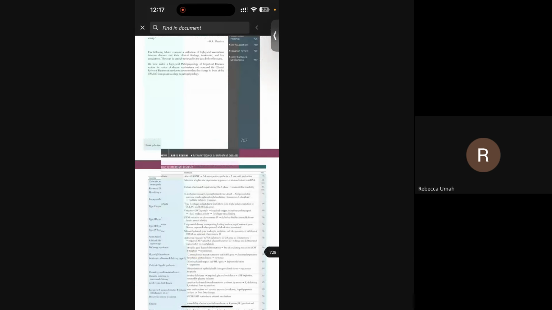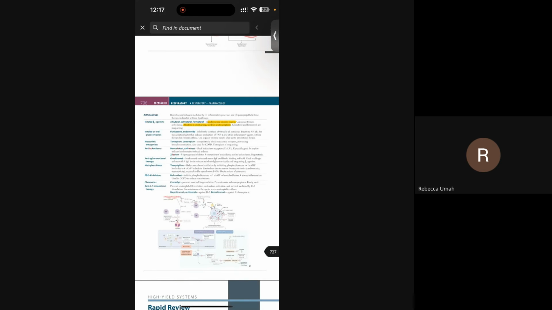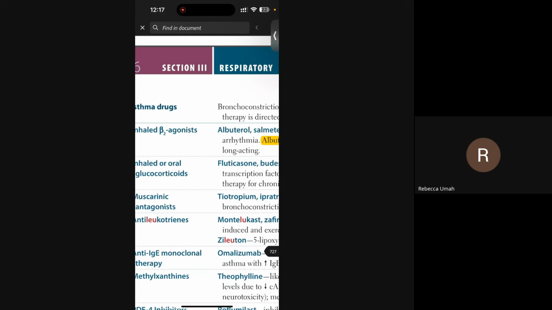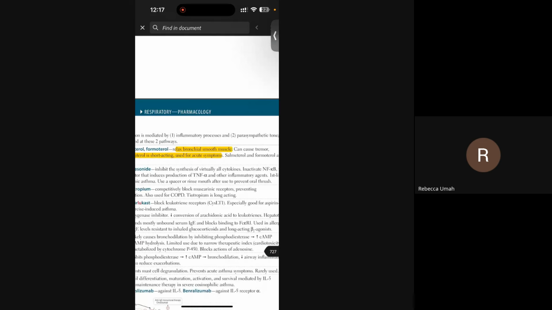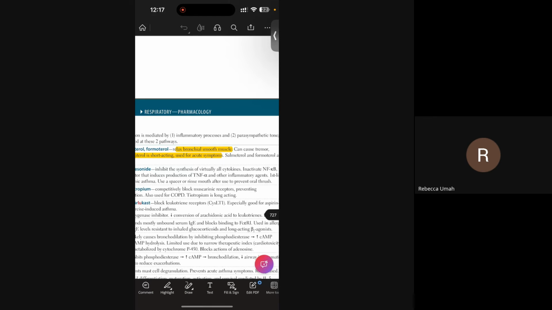Let me open steroids. Inhaled or oral glucocorticoids: use a spacer or rinse the mouth after use to prevent what? Oral thrush.